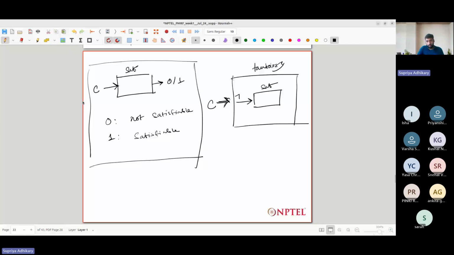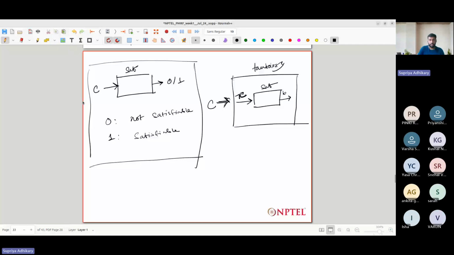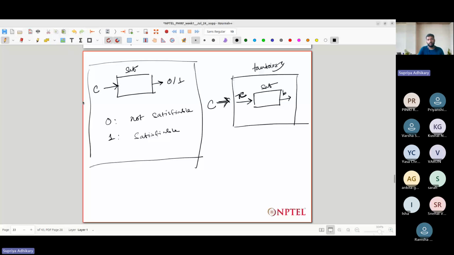Now the SAT algorithm will decide whether this is satisfiable or not. If not C is unsatisfiable, then we can say that C is indeed a tautology. And if this is satisfiable, then we can say that C is not a tautology.